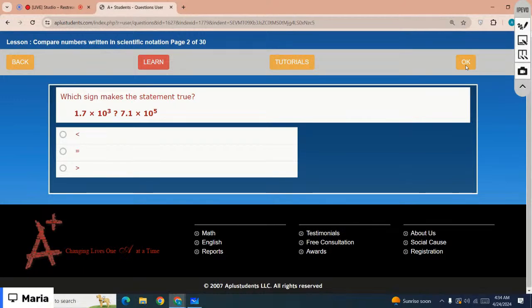So then 1.7 times 10 exponent 3 is less than 7.1 times 10 exponent 5. Got it?